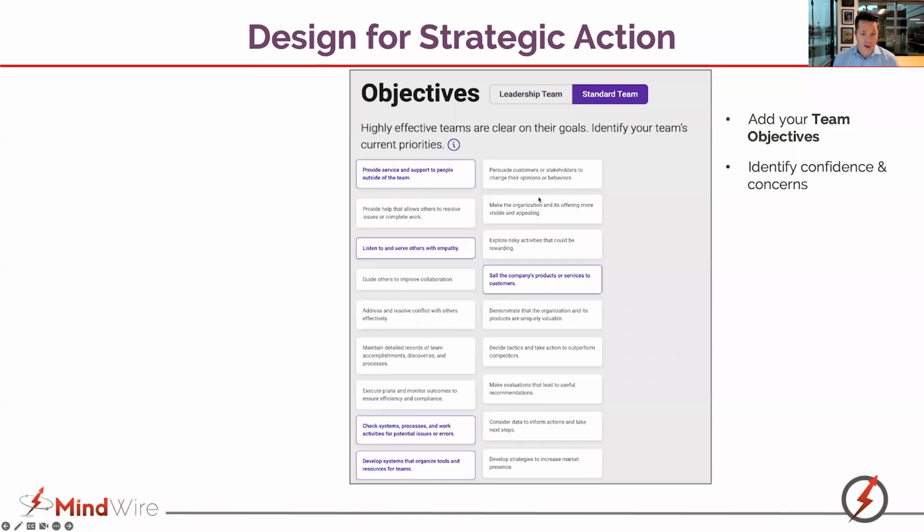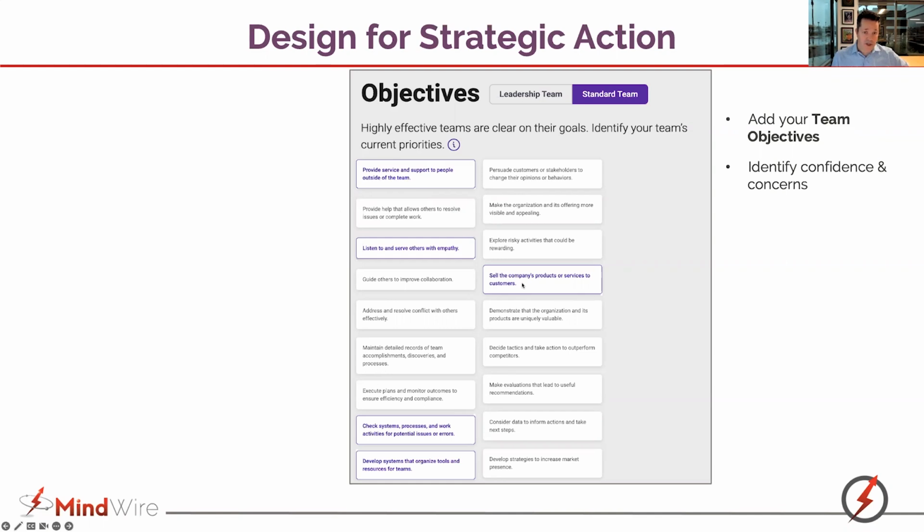What you're going to do is have the team get aligned on selecting 3 to 5 things from this objectives list that the team must do well or be good at in order to achieve its goals, right? And sometimes this has to be thought of in the broadest sense of the term. Sell the company's products or services to customers.